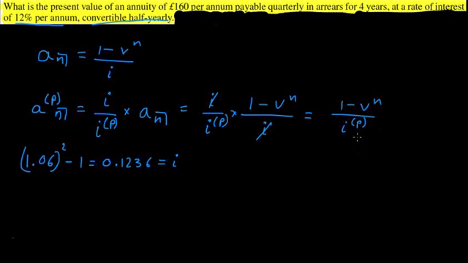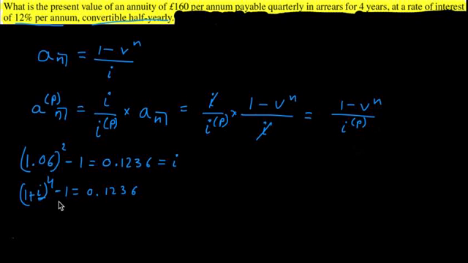How do we find out this i to the p? We do the same thing as before, but we take one extra step. It's going to be 1 plus some interest rate to the power of 4, minus 1, which will give us our effective annual rate.